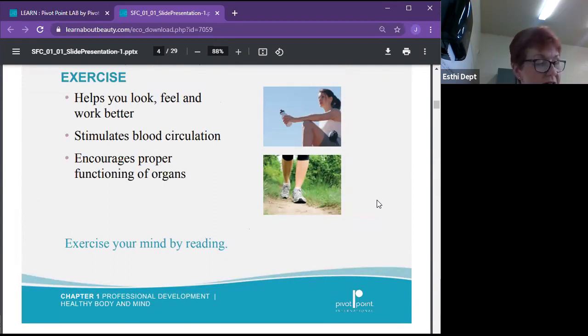All of that gets to go into exercise. If you haven't gotten that in there, once you have it in there, give me a thumbs up. That way I know I can keep moving forward.